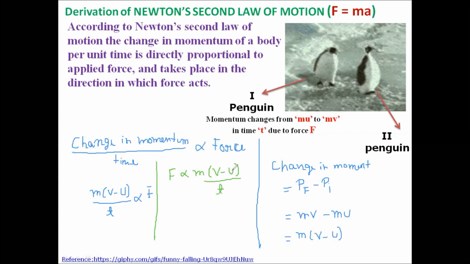We know here that v minus u by t represents acceleration. We know the formula of acceleration, v minus u by t. So we can write here F proportional to ma.